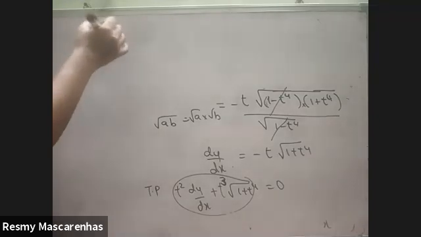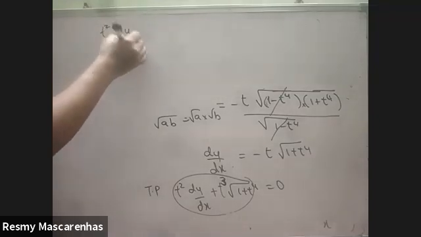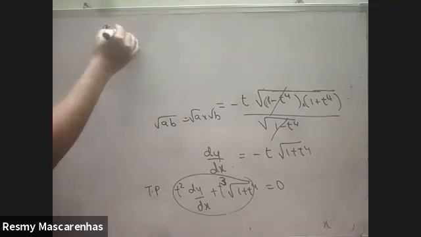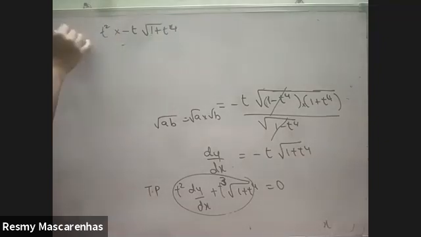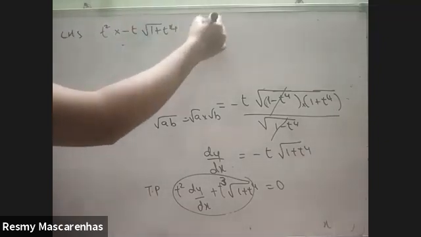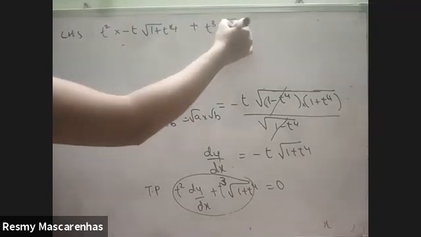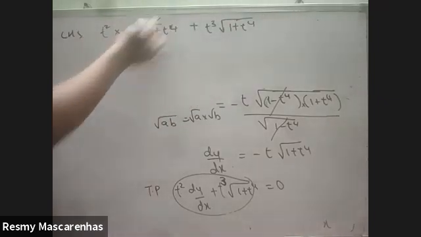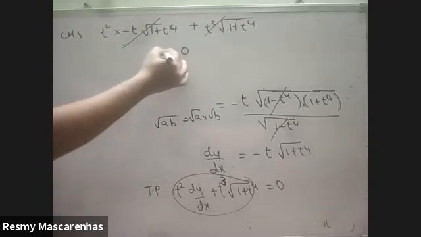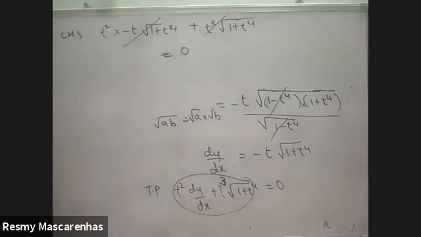So t square into, so that's our left hand side. So both this and this will become 0. I've actually done this before also, just check.